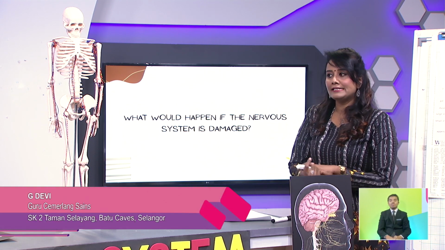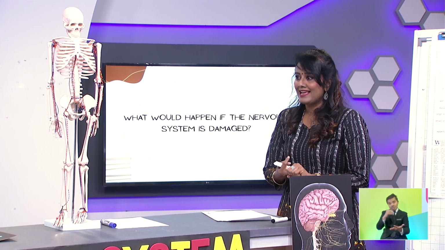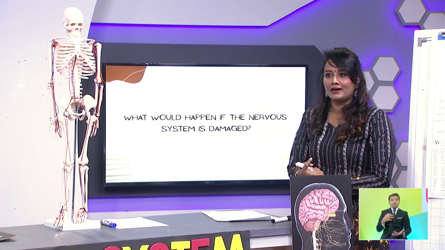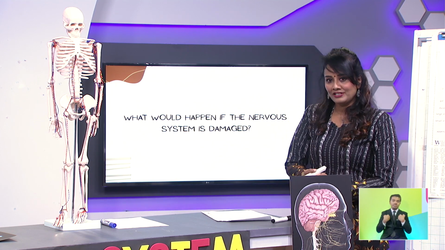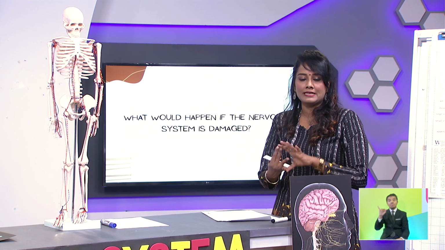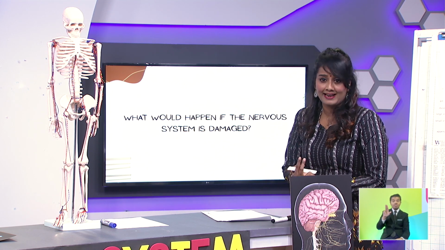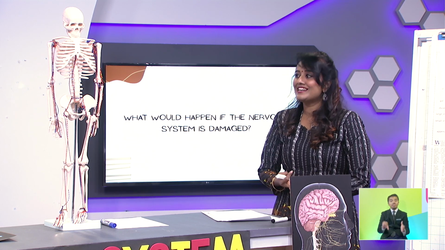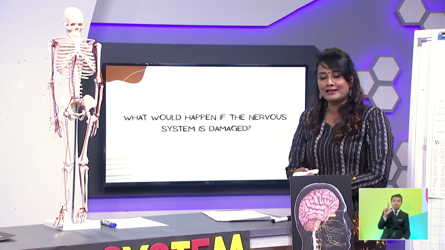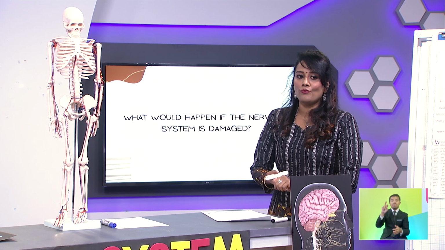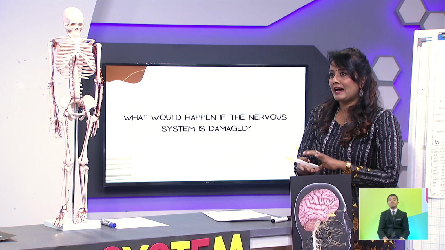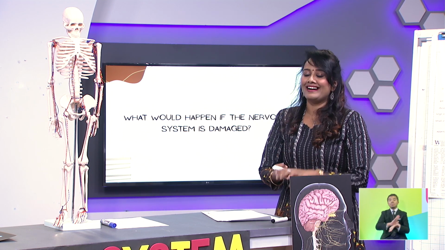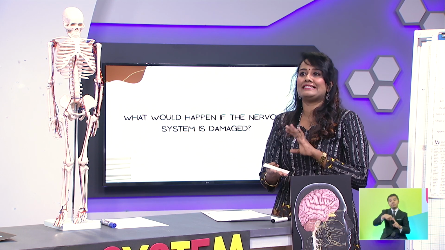They also learned what the function of the brain is. Under the brain, we have voluntary and involuntary actions. They also learned examples of voluntary and involuntary actions, and what could happen when our peripheral nervous system is damaged.